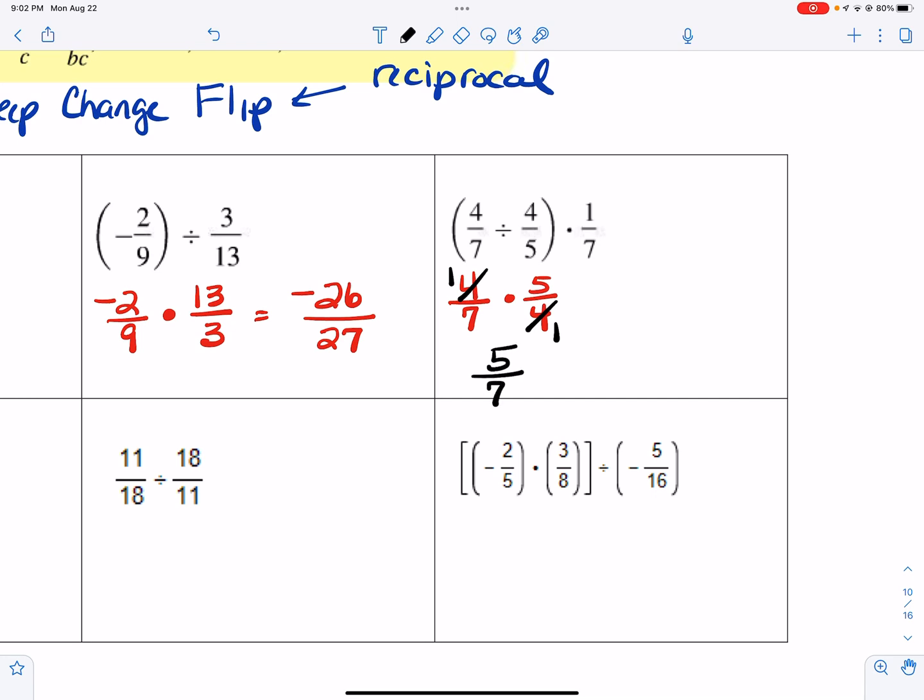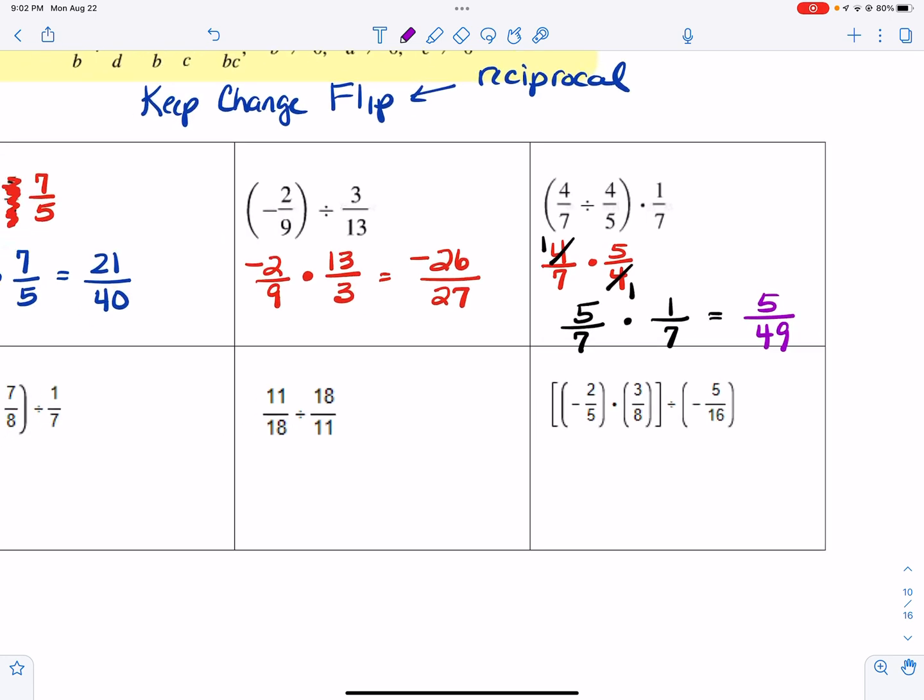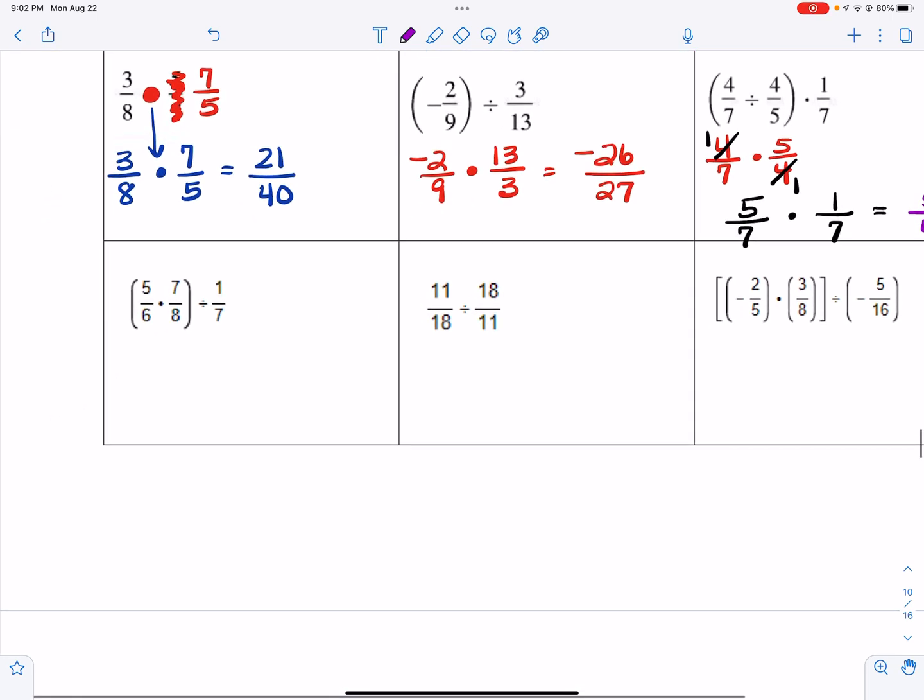That takes care of the parentheses. Then multiply by 1/7. And so 5 times 1 is 5, and 7 times 7 is 49. Okay, you can only cancel when one number is on the top and one number is on the bottom. Please don't cancel numbers that are on the same side of the fraction bar.